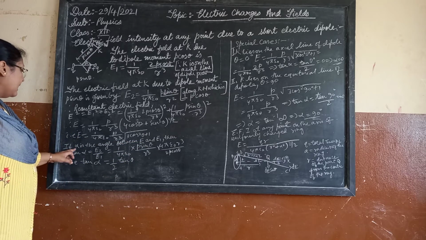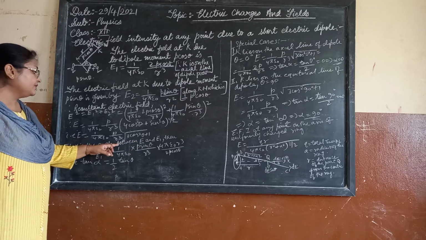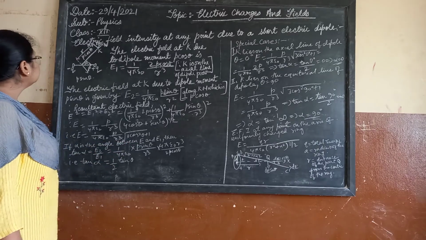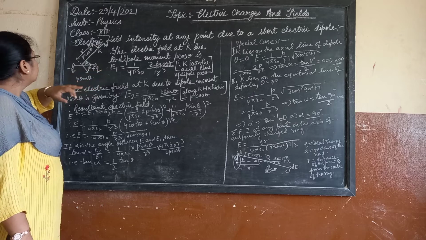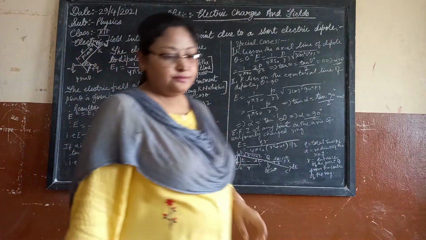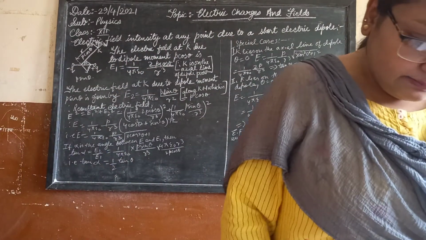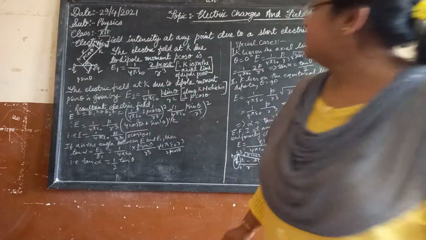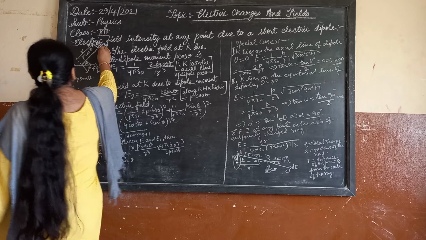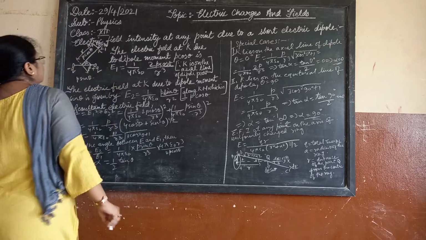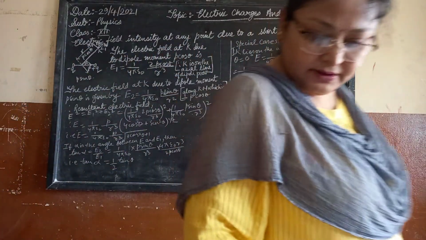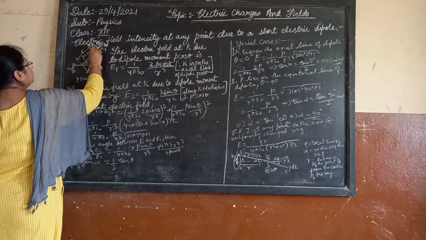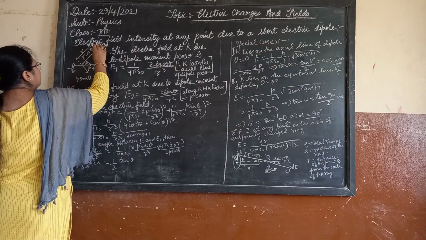Now if alpha is the angle between E and E1, where this is E here, and this particular thing is called E1, and E2 we have here at this particular point. This is E2. Okay, E1 and E2.